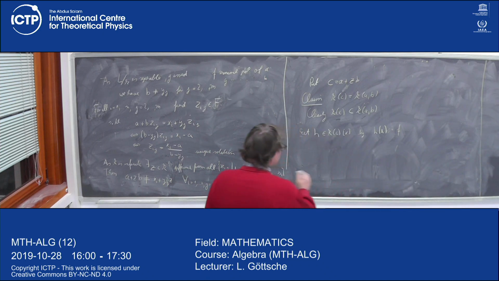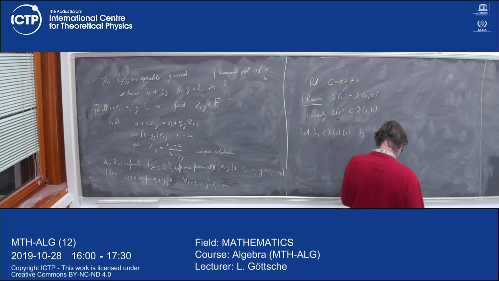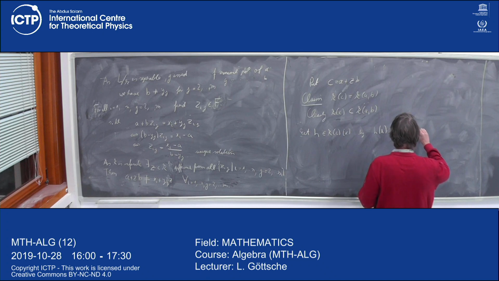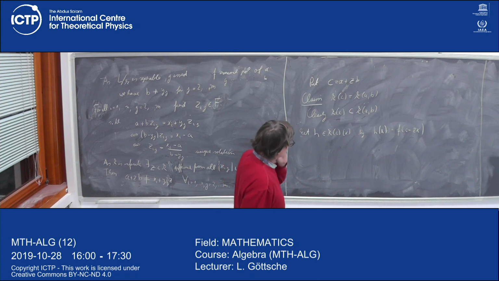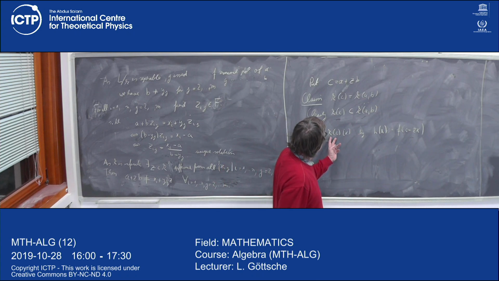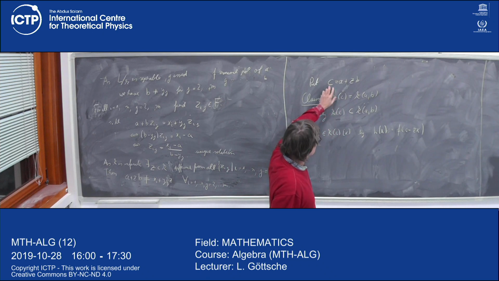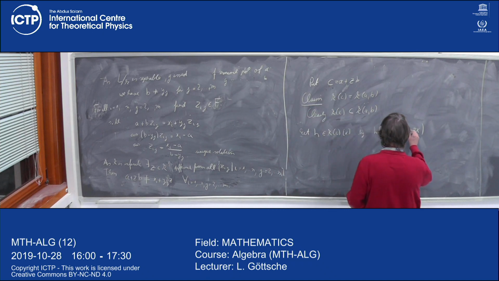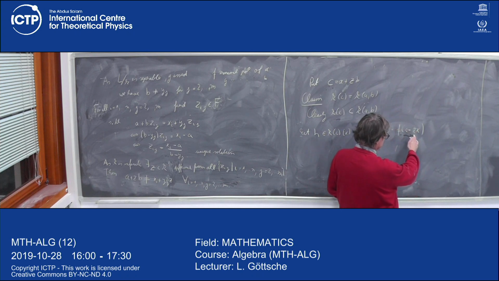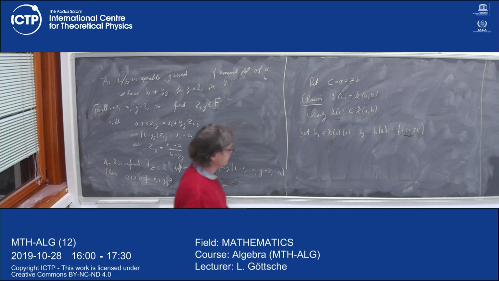So we define this as f of c minus z times x. We just replace x by this. Now this will be a polynomial in K(c), because this element c is in here, and z was just an element in K, so this doesn't do anything, so it will certainly be here.